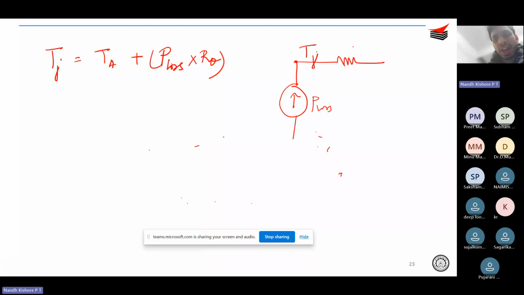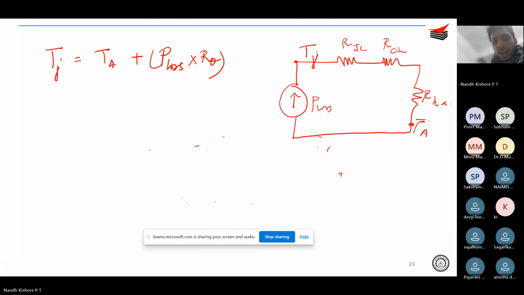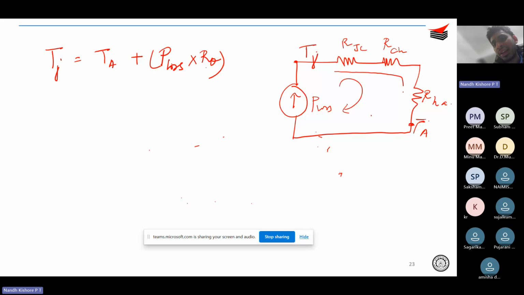From the junction, you have junction to case, you have case to heat sink, and you have heat sink to ambient, and finally you have TA over here. So just apply KVL. Simple, right? So Tj is equal to TA plus P loss into R theta, and all of these are directly cascaded, so they are in series kind of.